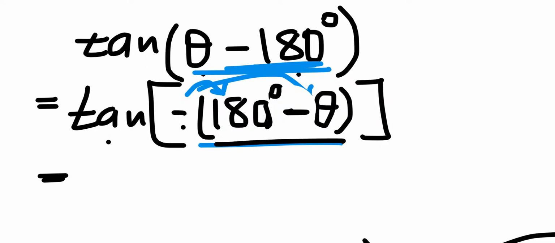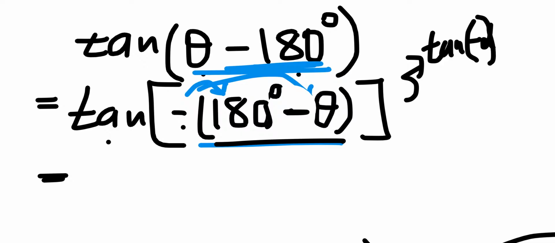Tan of a negative, in which quadrant does that fall? It falls in the fourth quadrant. Just think of it as you having tan of negative whatever angle. So what I explained was to say tan of a negative angle, let's assume it to fall in the fourth quadrant, where in the fourth quadrant tan is negative.